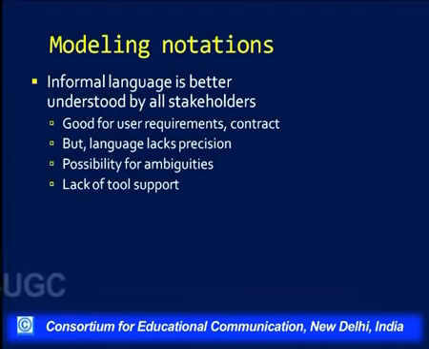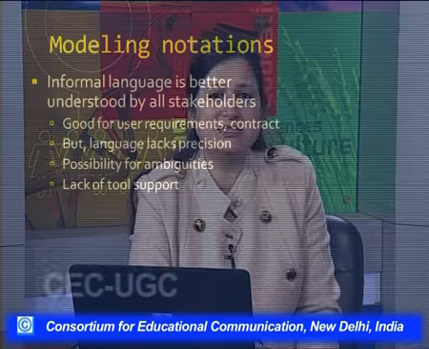But there are some problems, as we've already discussed: it lacks precision, there are possibilities of ambiguities, and there is a lack of tool support for natural languages like English. You do not have specific tools, and when you are writing in natural language, the terms used may be vague, sometimes not precise, and may be subjective use of words. So this can lead to some kind of difficulties.